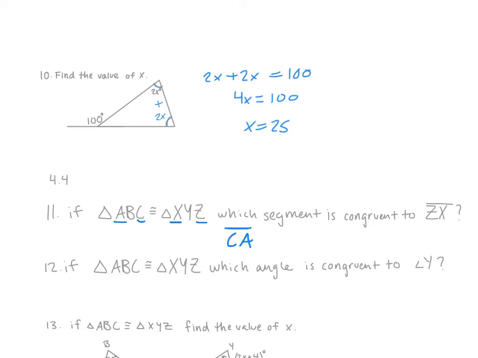We could also call segment CA segment AC. These are both right answers because we're talking about the same segment. So this is just two ways to name the same segment. What about for number 12? Which angle is congruent to angle Y? B. Angle B. Perfect.